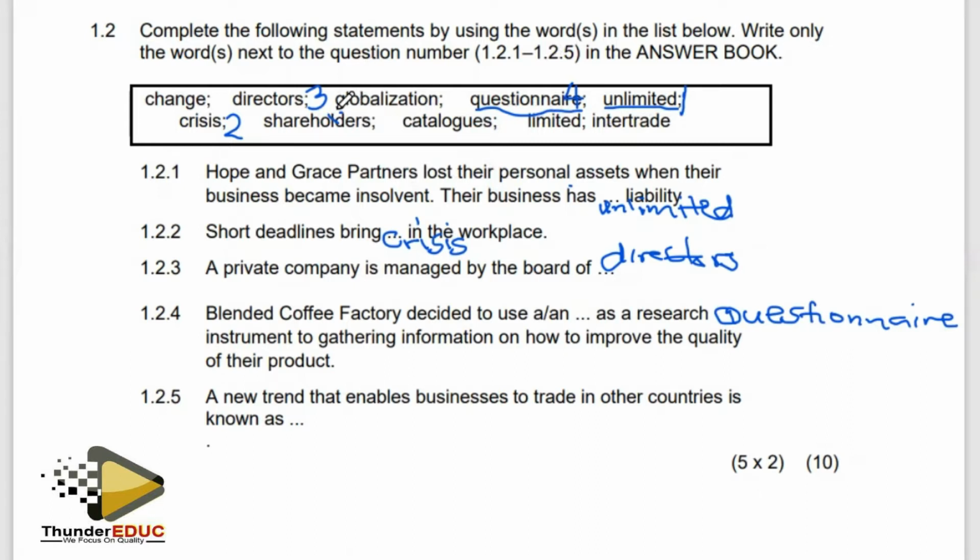Definitely, we have 2 aspects which are very important here: globalization and intertrade. Intertrade is a confuser, and the answer is globalization. Globalization is the new trend we are talking about here.